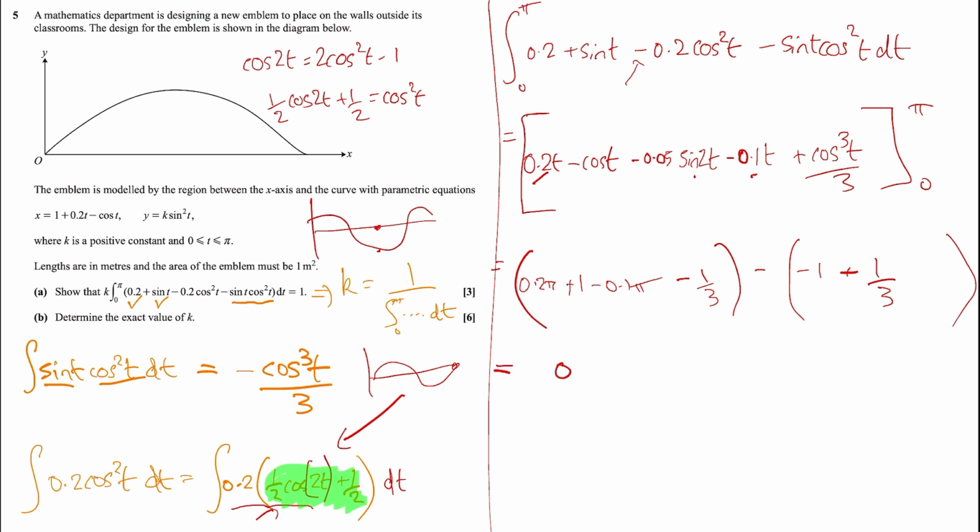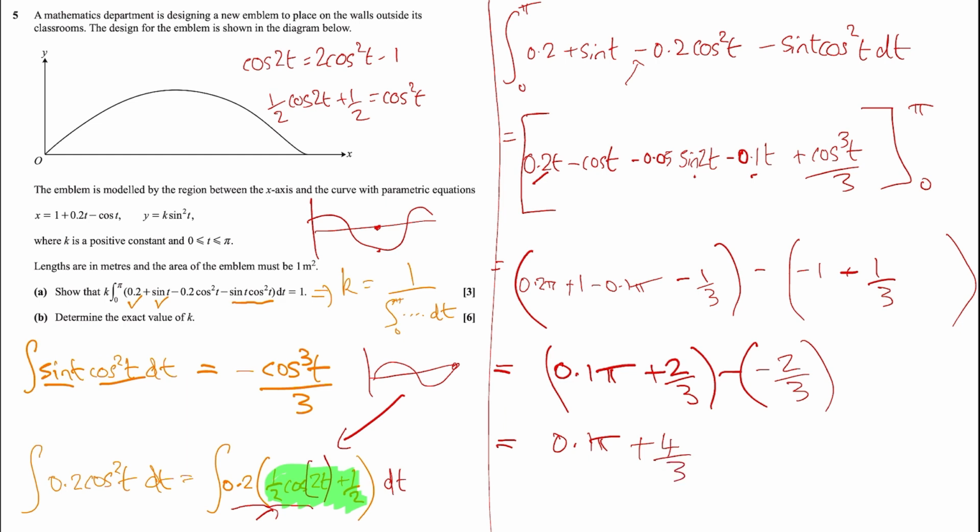We've got 0.1 pi in here, and then +2/3, take away -2/3, I think. So altogether this is 0.1 pi plus 4/3. Okay, good.